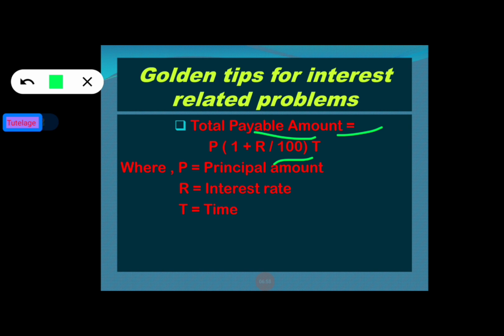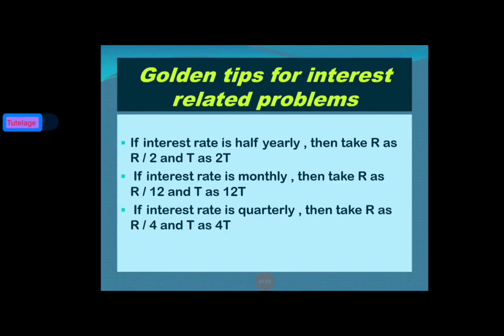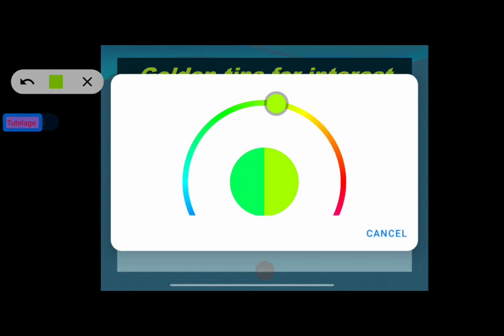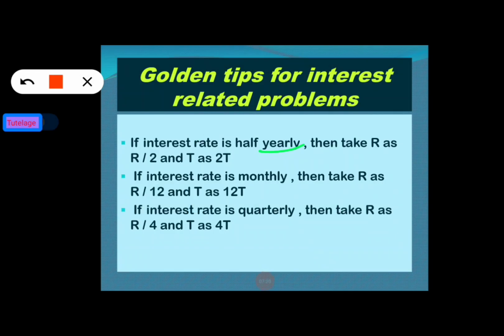Now move on to the next slide. Here we can see some tips, basically not golden tips, but the basic formulas for interest related problems. The first one: if the interest rate is half yearly, then take R as R by 2.